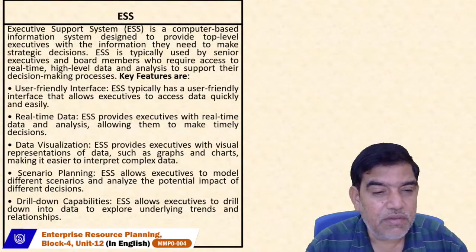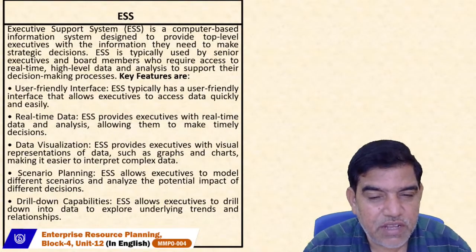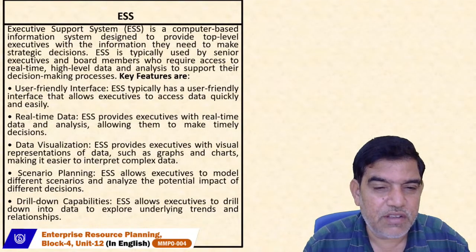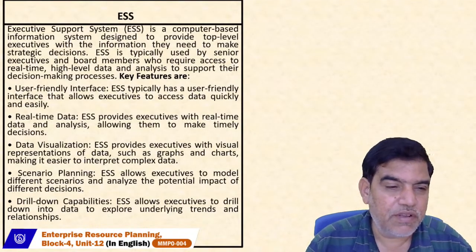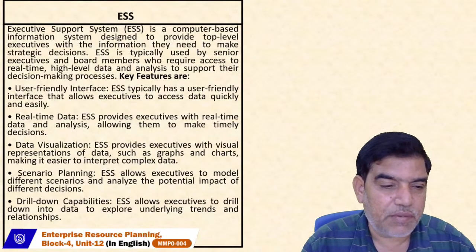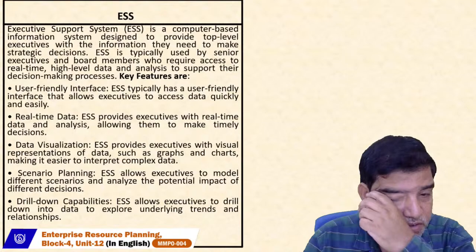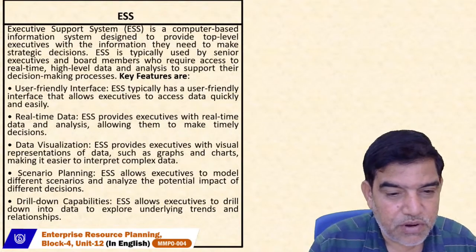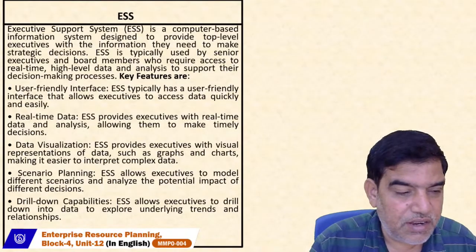Then scenario planning: ESS allows executives to model different scenarios and analyze the potential impact of different decisions. Then drill-down capabilities: ESS allows the executive to drill down into data to explore underlying trends and relationships.